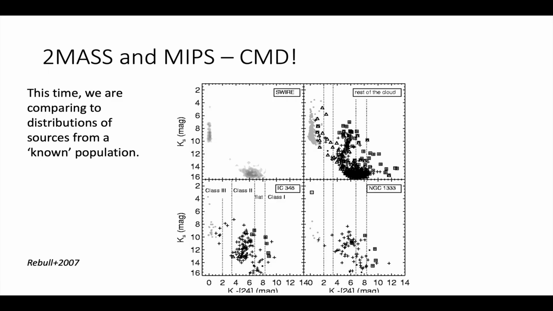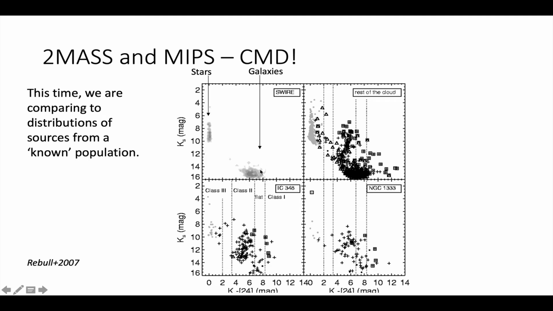Now this is comparing a star-forming region to an extragalactic field. This is K on the y-axis versus K minus 24 on the x-axis. We've got the Swire field; Swire studied galaxies. There are nearby stars that have zero color and a range of brightnesses, and then galaxies, which are red and faint.